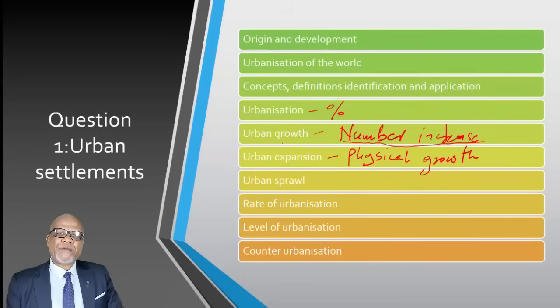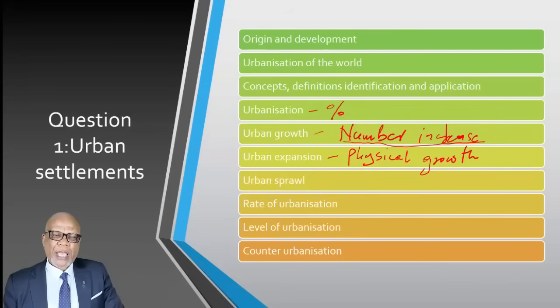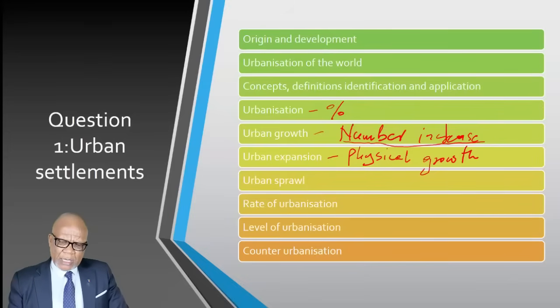So we are going to need more schools, more houses, more shops, more industries. As we build more infrastructure, that is what we call urban expansion. It is a physical growth of the urban area. And urban growth is the increase in number.